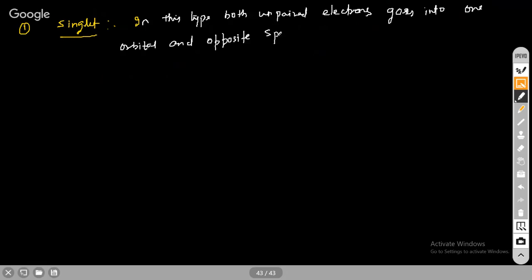First you write this down, I'll explain what this means. Opposite spin, and it forms a bent structure.